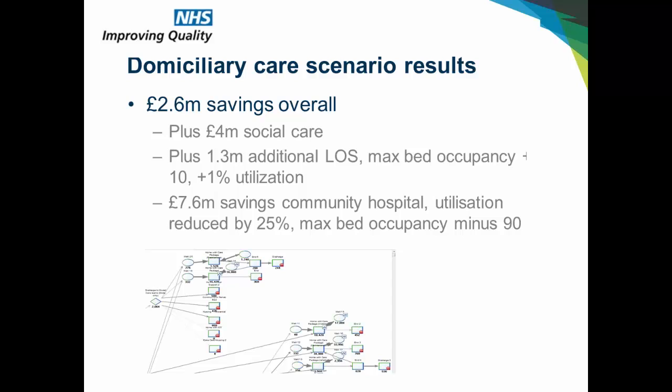So then the final simulation I want to talk to you about is community team capacity. Now this is a project which is being sponsored by Tissue Therapies, who are a medical device company concerned with wound care.